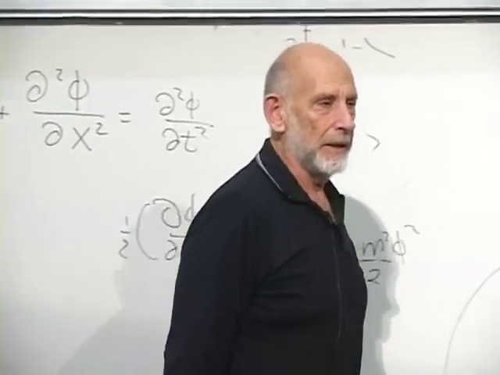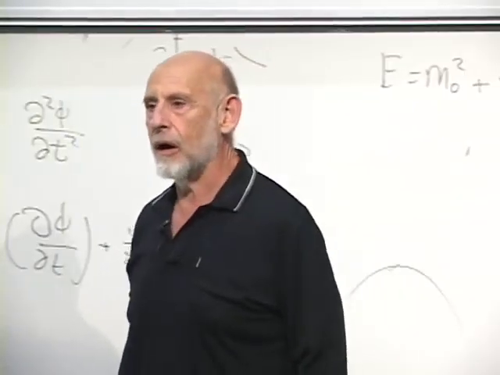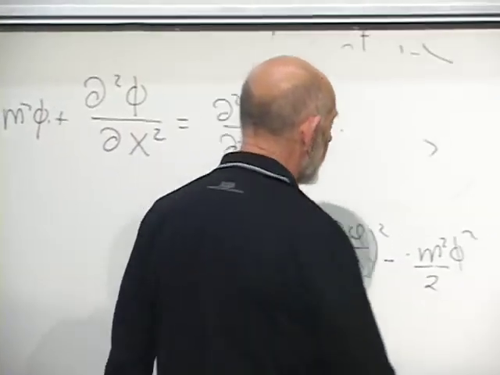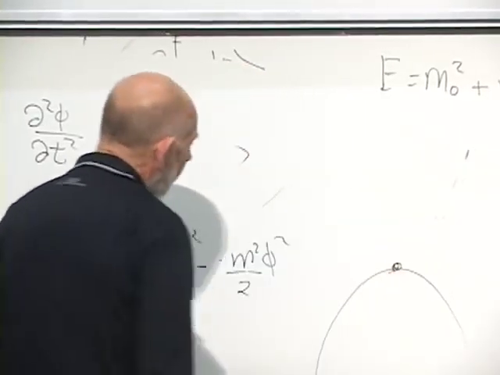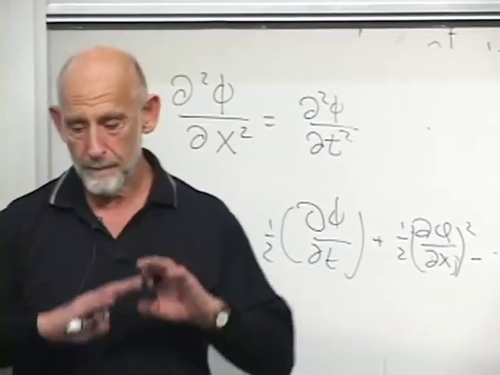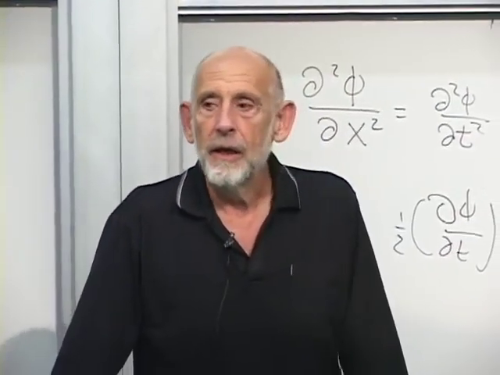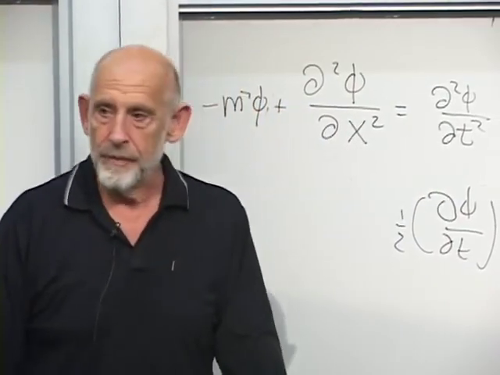So it's an instability. It's an instability of the vacuum. If you thought that the vacuum was just phi equals 0, and you gave it a little push, down you would go. Here's a kind of interesting question.